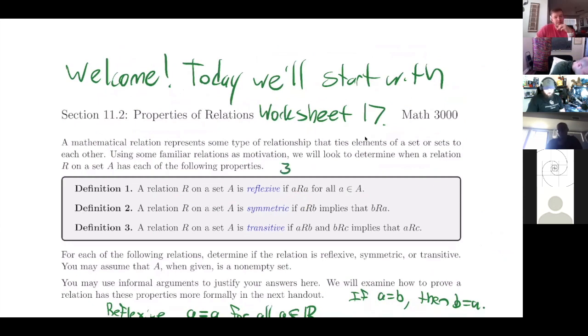So we would ask, well, is 3 related to 3? If we're using this inequality symbol or this relation, then this would have to be a true statement, right? But we know 3 is equal to 3, so this is false. So therefore, by this inequality relation, 3 is actually not related to itself.